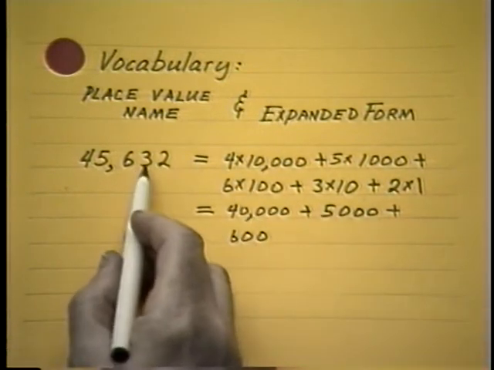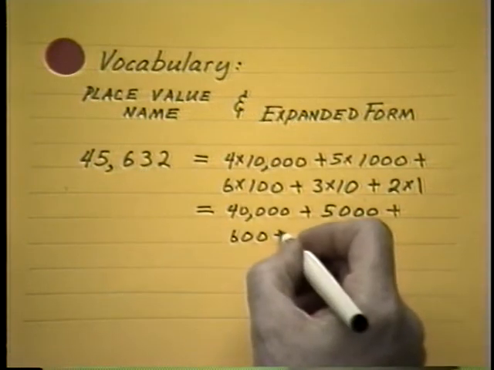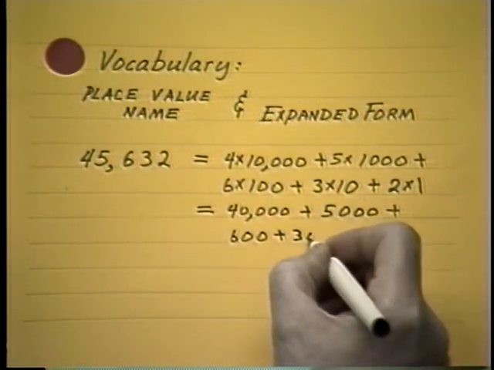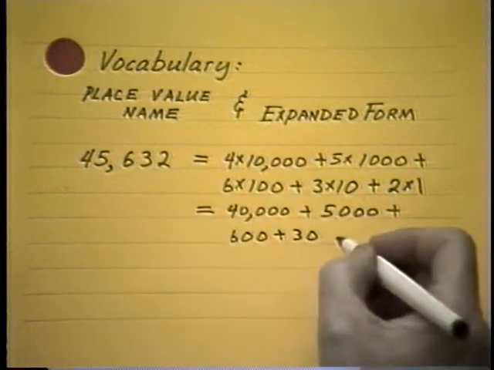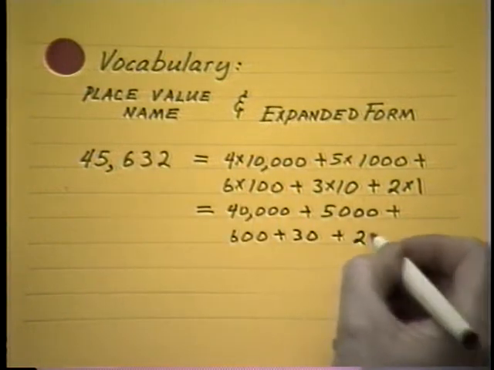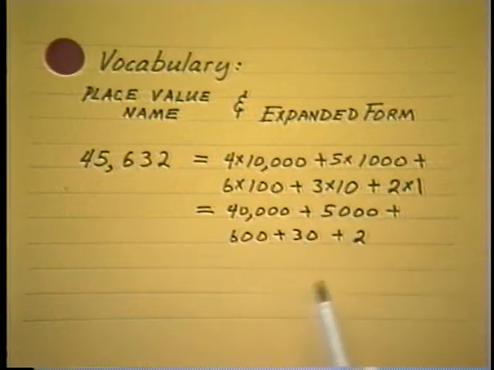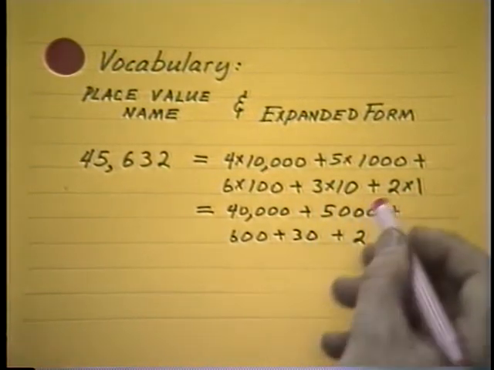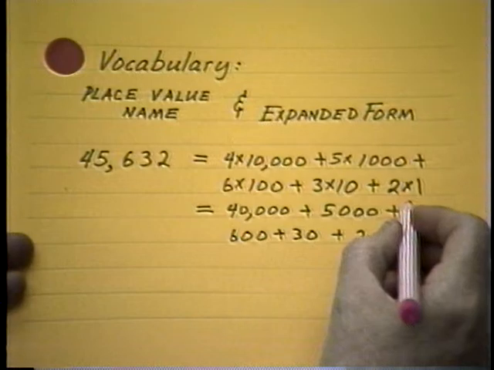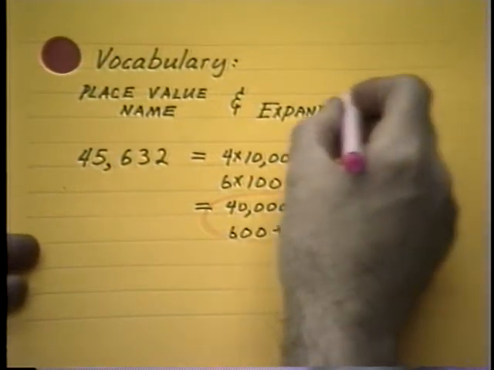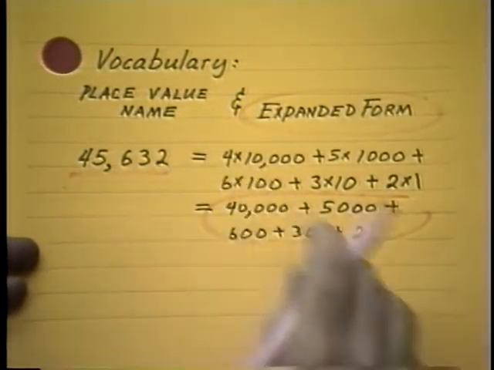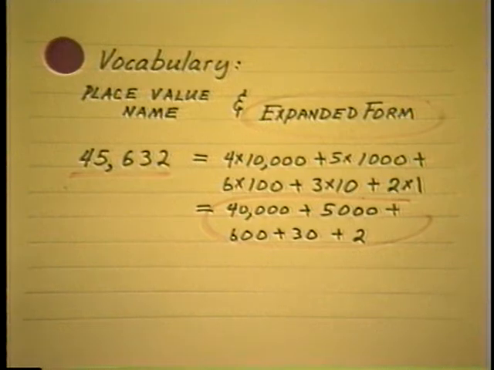This 3, by being in the tens position, has become 30, and the 2 has become still 2. This way of expressing a number we call the expanded form of that place value name.